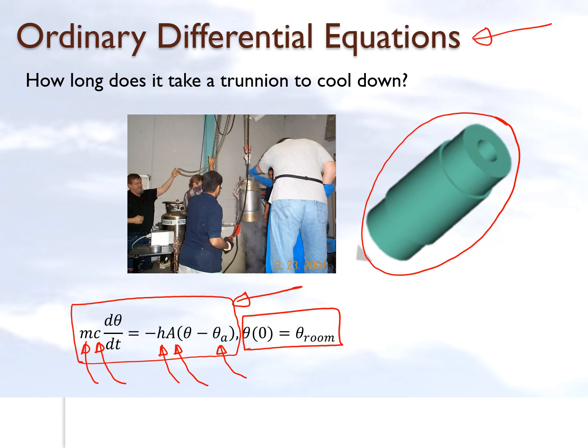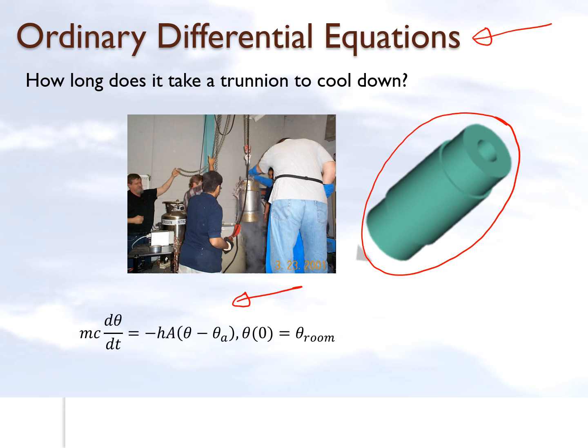But what I'm trying to say is there are two things which you have to think about here. Of course, you might say, hey, I have taken an ordinary differential equation course and I could solve this particular differential equation exactly. Yes, you can, only if these quantities, m, c, h, and A, are constants. They don't change with respect to time.